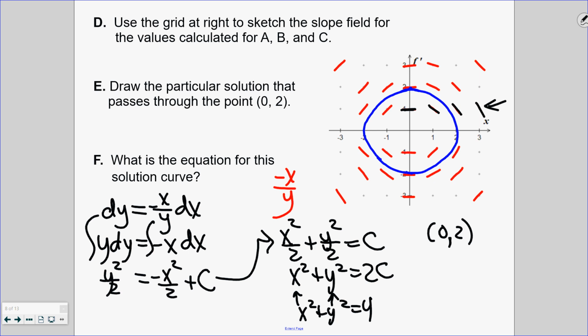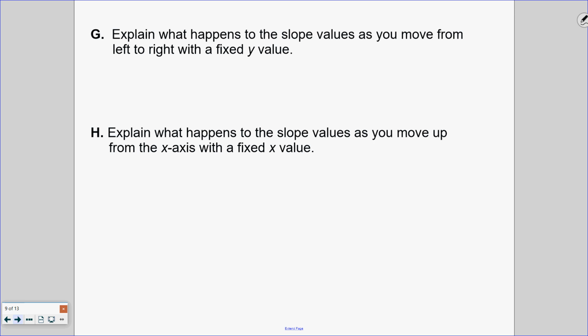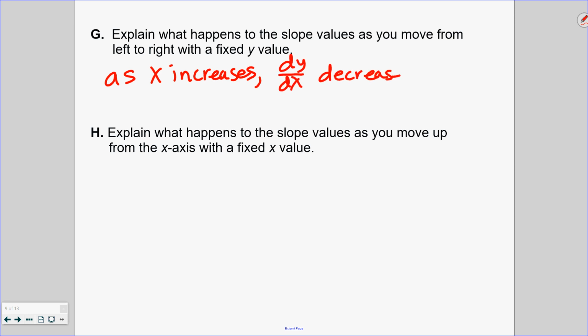So as I go from left to right with a fixed y value, as x increases, we see that dy/dx was decreasing, because we went from high positive values down to 0, and then to negative, and then bigger and bigger negative.